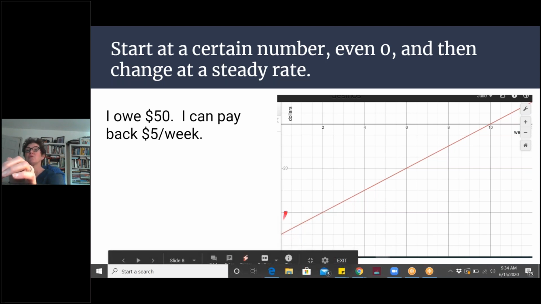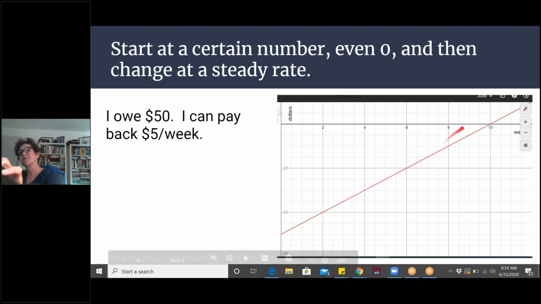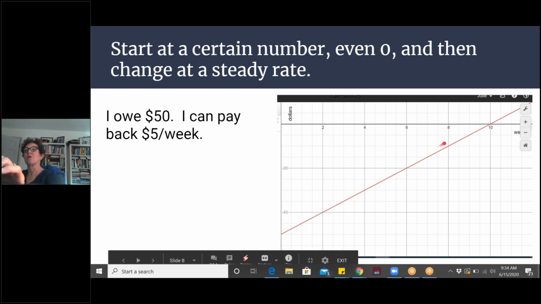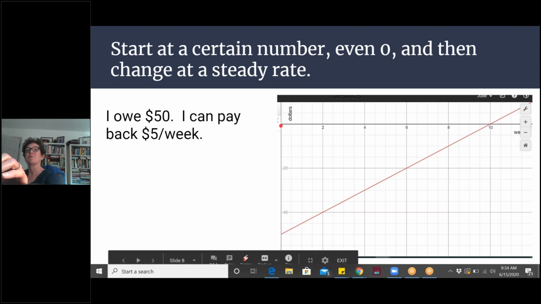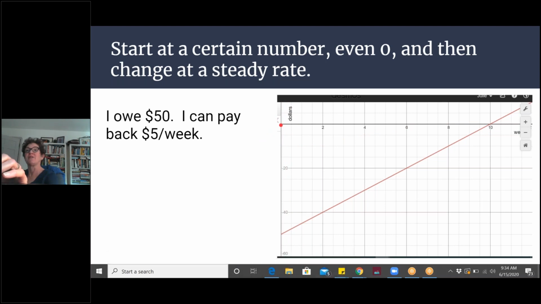Okay, but because we're looking at total dollars paid, it's a positive slope. Starting in the negatives, but we're going towards the positives. What I'm looking for is, when does this equal 0? This y-axis. When does this y-axis equal 0? That means I finished paying back everything in 10 weeks. And that makes sense. If I owe $50, it will take me 10 weeks to pay it back at $5 a week.